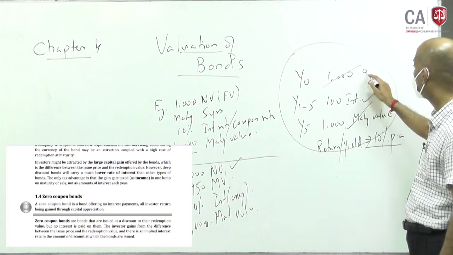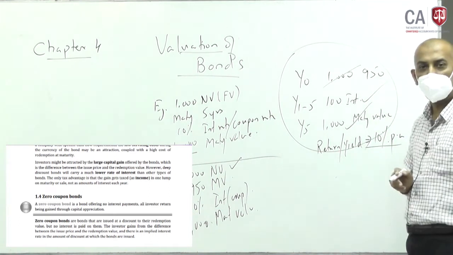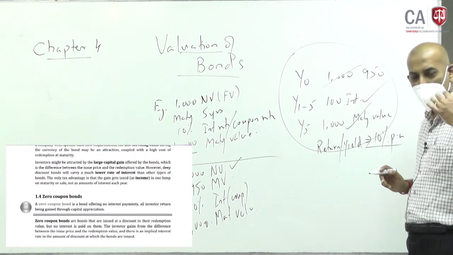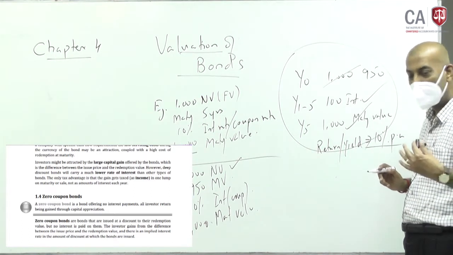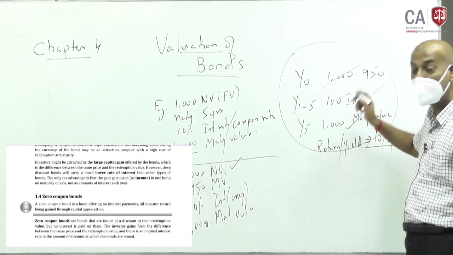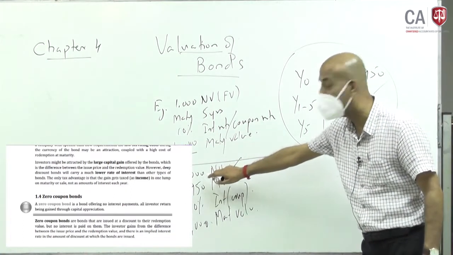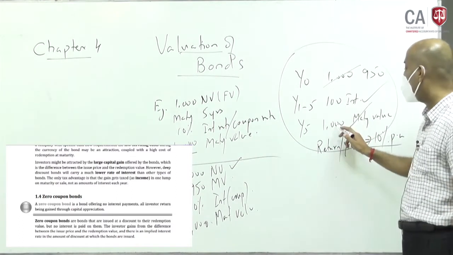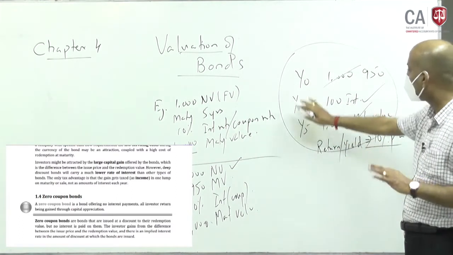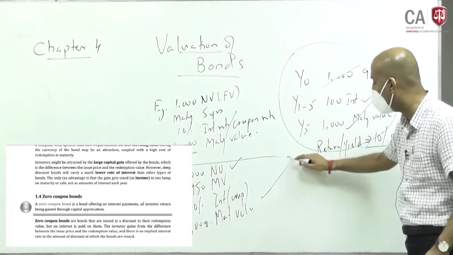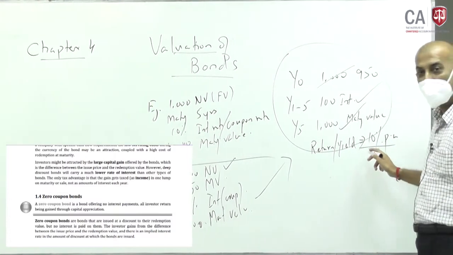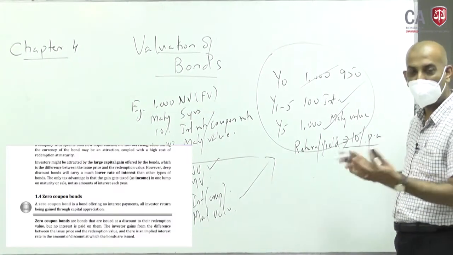Instead of 1000, it's going to be 950. So you're going to invest a lesser amount, but you get the same 10% annually on the face value, not on the invested value. The face value is still 1000. You get 100 rupees interest, and at the end of 5 years you get 1000. So this is the cash flow of the revised example. So what will happen? Your return or yield is the IRR of the instrument.